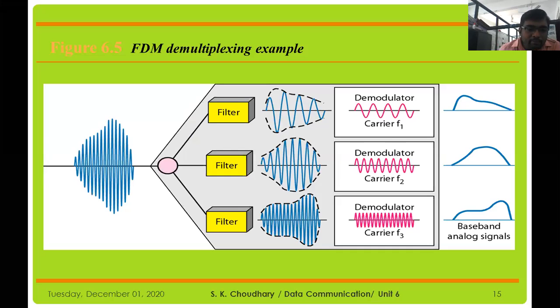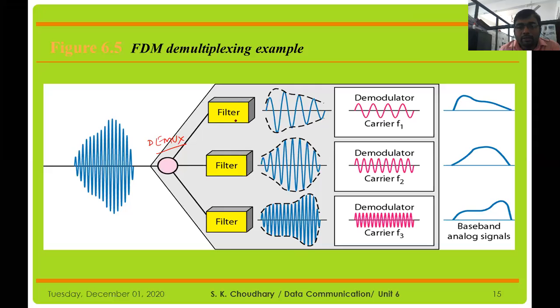So you can see here at the receiving end, this composite signal is applied to the demultiplexer, and the signals are passed through different band pass filters having different center frequencies.